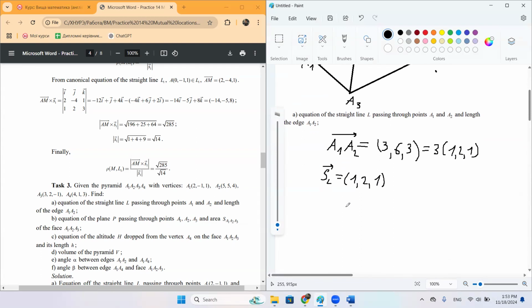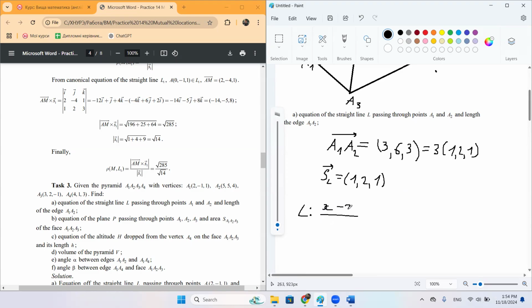Okay. And for the equation, which point do you want to choose, A1 or A2, to write the equation? A1. Okay, let's go with A1. So it was your choice.